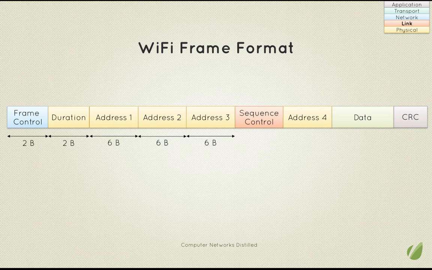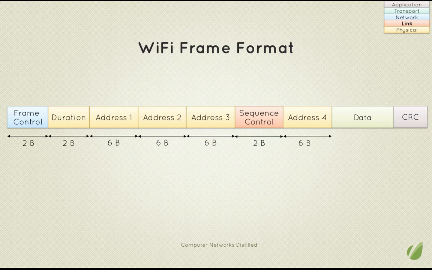Next, there are 3 addresses. These addresses are all 6 bytes long, that is, they're 48-bit MAC addresses. Note that we need more than just a sender and receiver because there may be an intermediate wired access point that has to be connected with as well. Next is a sequence control field. The sequence control field is a 2-byte section that identifies the message order and is also used to eliminate duplicate frames.